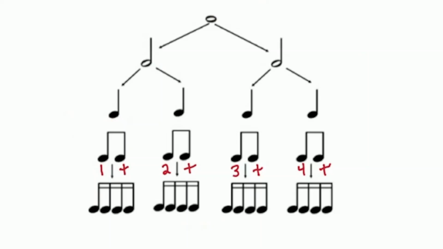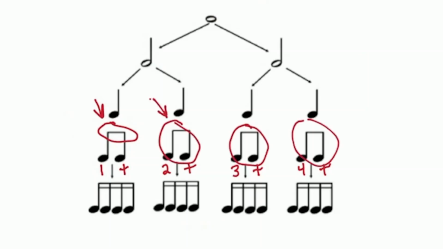If you notice, when you have notes that are beamed together like that, the first note is always going to be a beat. The first note of each grouping is a numbered beat, so we have it here, here, and here: beats 1, 2, 3, and 4.